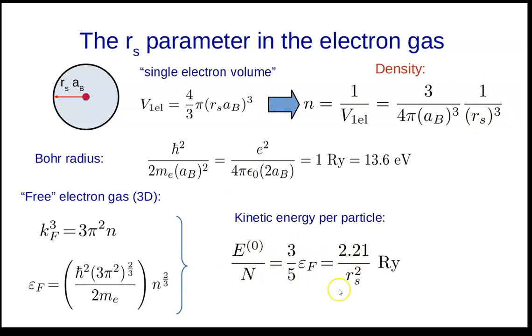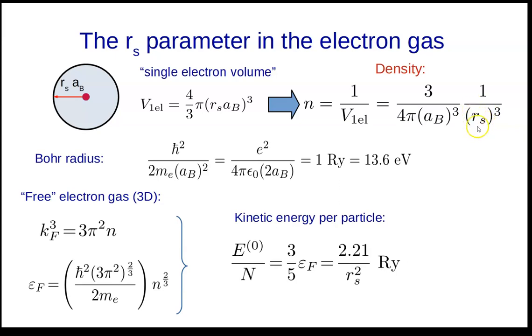So we can actually put a number on this: the kinetic energy per particle for the electron gas in electron volts or in Rydbergs is going to be 2.21 divided by this Rs squared.